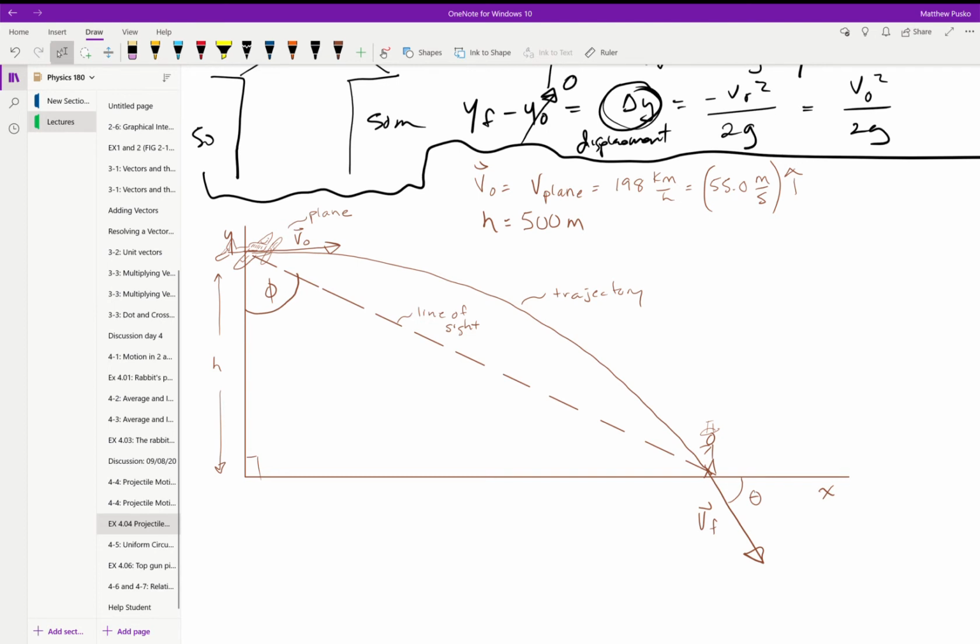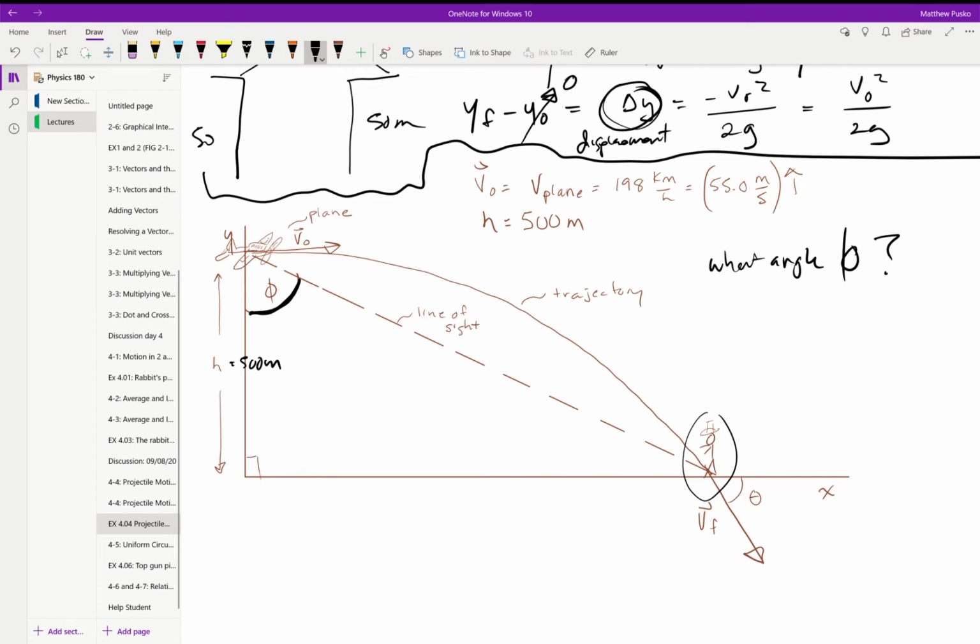But what they want to know is what angle phi over here does it need to be released at to hit the victim. So what angle phi? They give us that the height is equal to 500 meters.